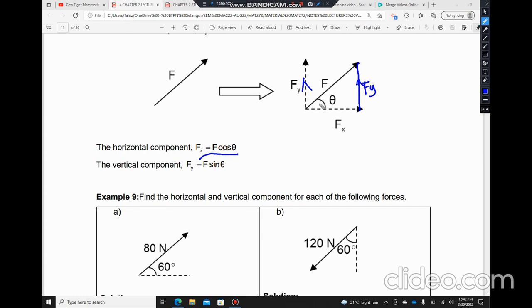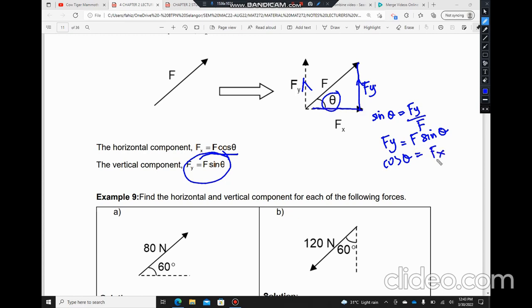So kalau saya nak ambil sin theta, opposite is Fy over hypotenuse F. So bila saya susun balik, that's why dapat Fy equals F sin theta.